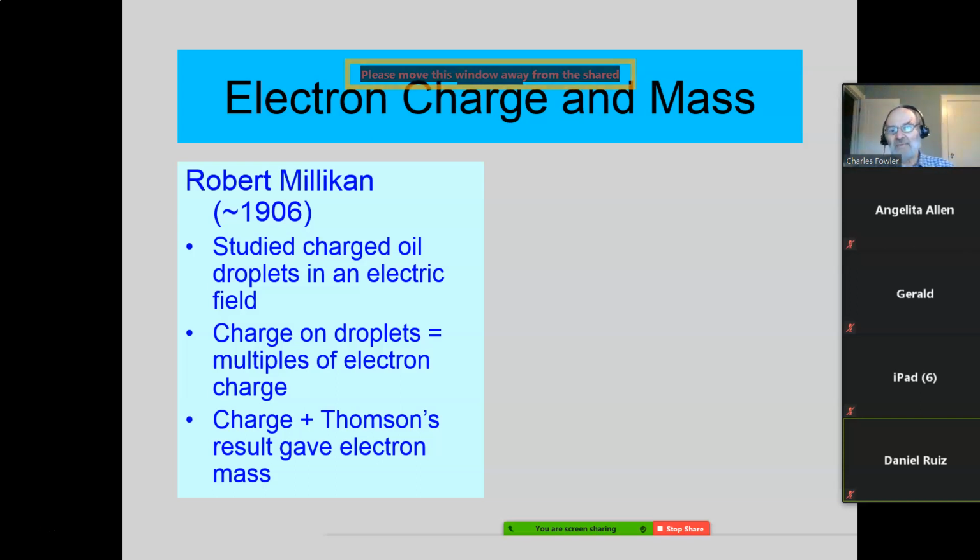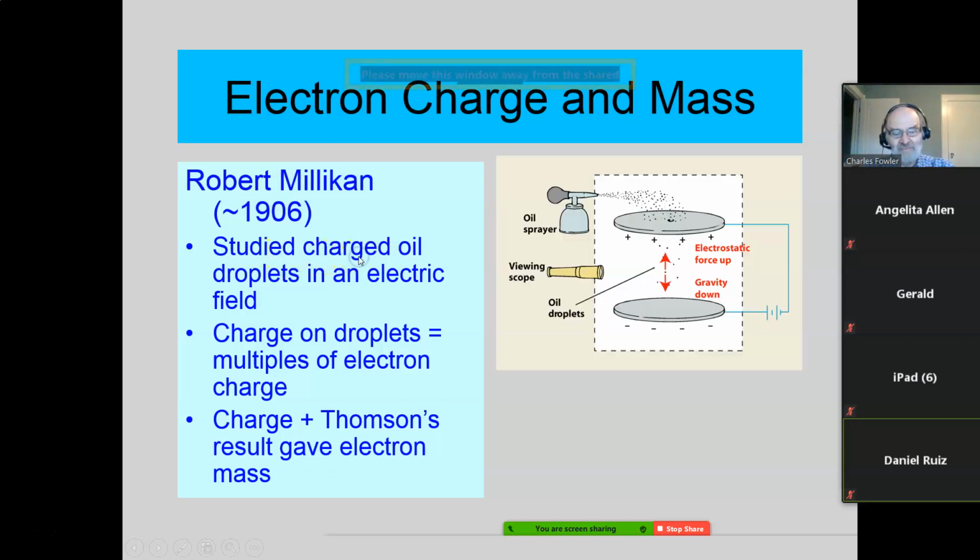He did an experiment that was called the Millikan oil drop experiment. What he did, he studied charged oil droplets. Here's the picture. What he had was a sprayer, like some of you ladies may have, maybe you guys do. If you spray perfume or cologne, you atomize it by spraying across the top, and little bitty droplets, he was using oil, came and landed on the top of this plate.